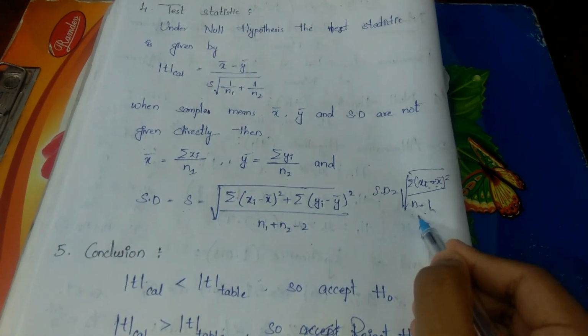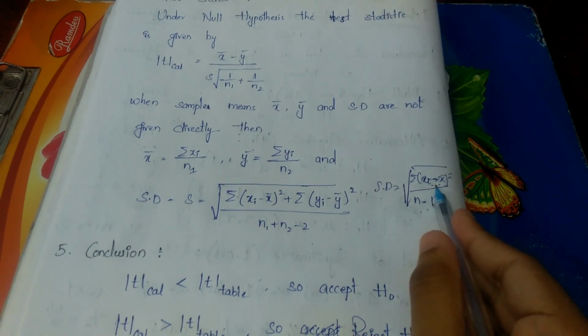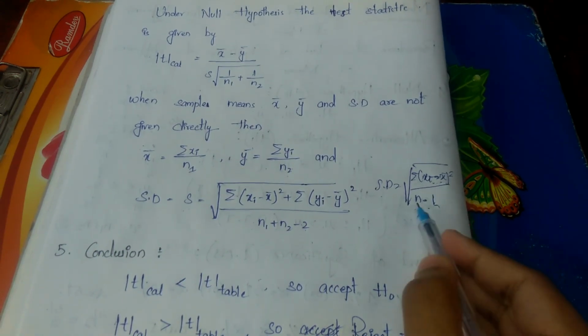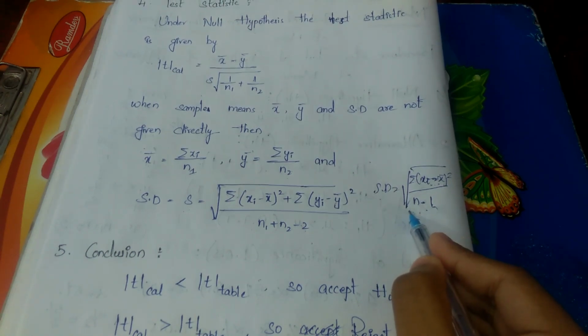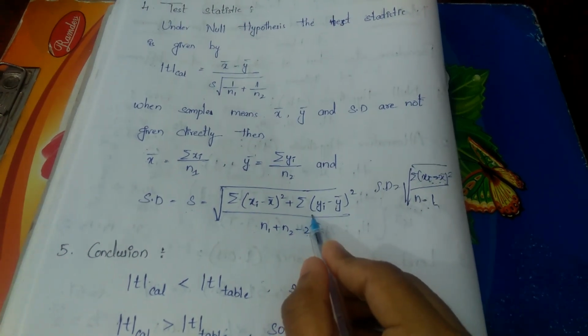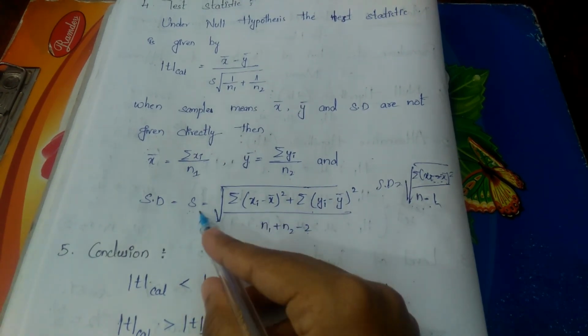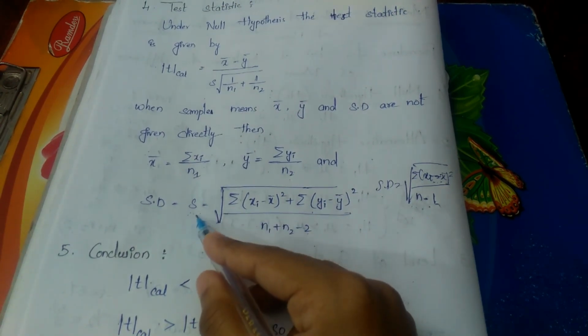So this is in method 1, because we have only one normal population, a single mean and a single sample size. But here in method 2 we have two normal populations. So for that we use the standard deviation formula represented as s.